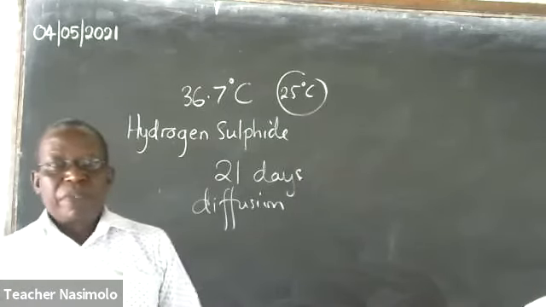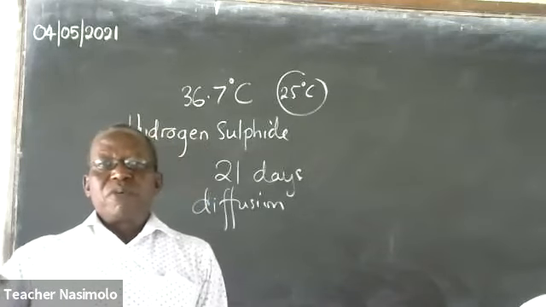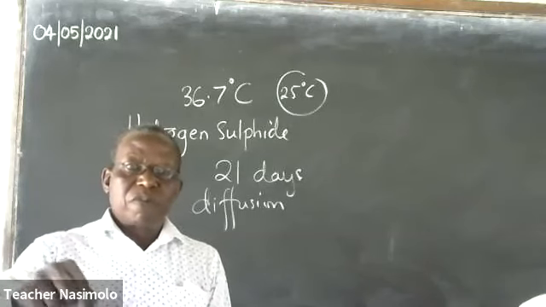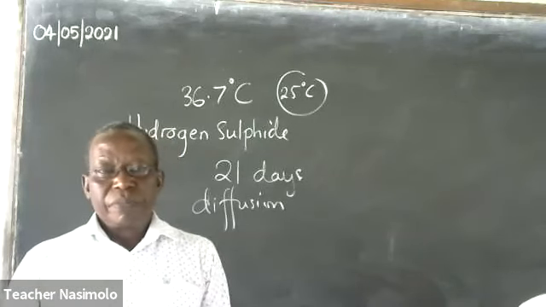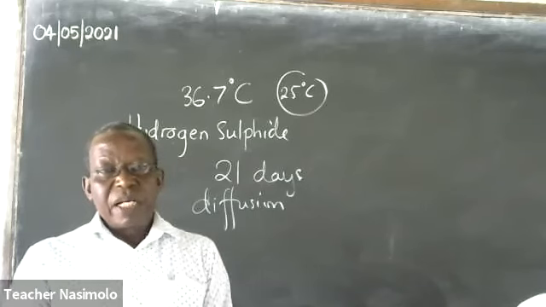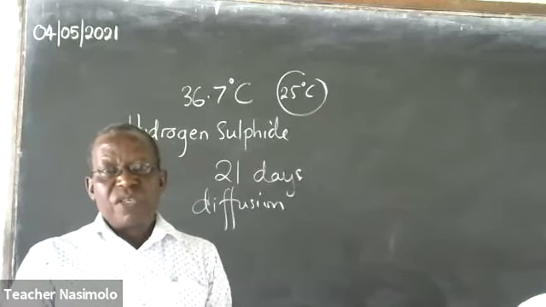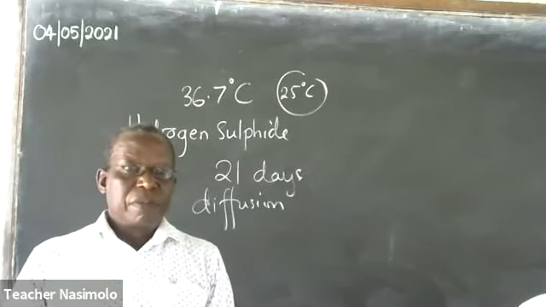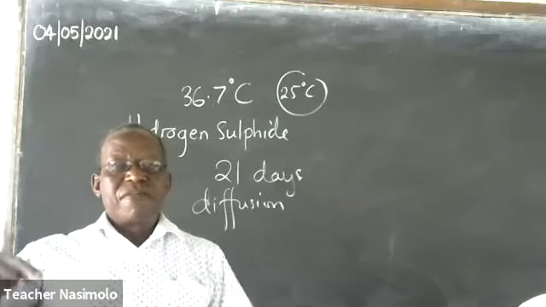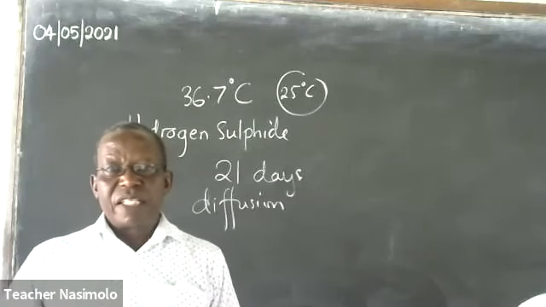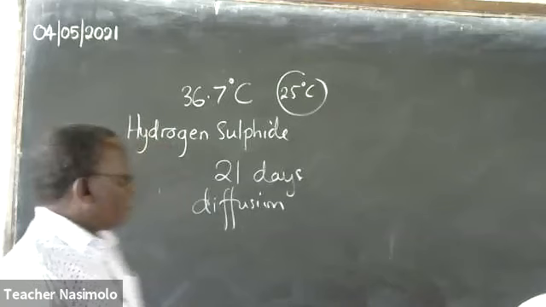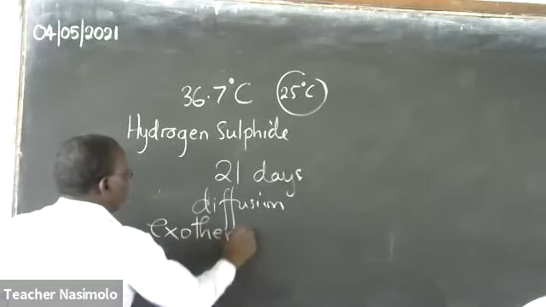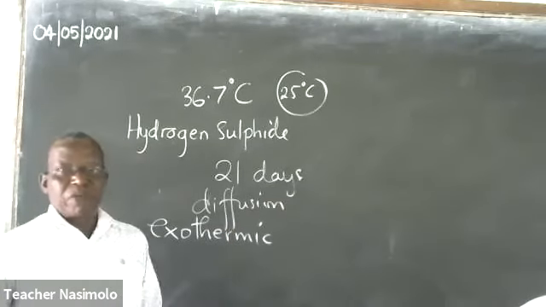For example, if I gave you concentrated sulfuric acid and I said, just put a few drops of concentrated sulfuric acid in water, and then you get hold of the container in which that mixture is, you'll see that it has become hot. Why? Because that reaction of dissolving the sulfuric acid in water is exothermic. An exothermic process.